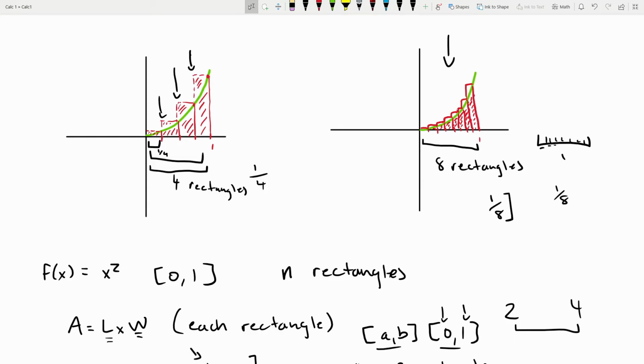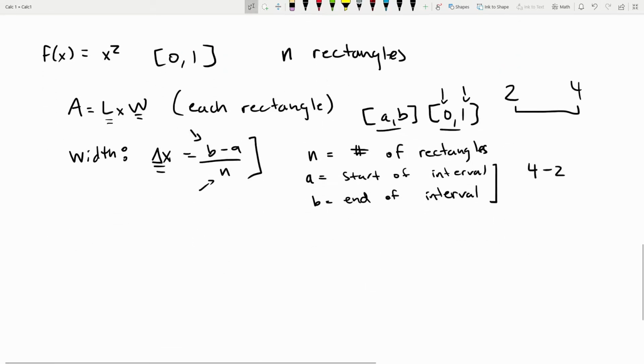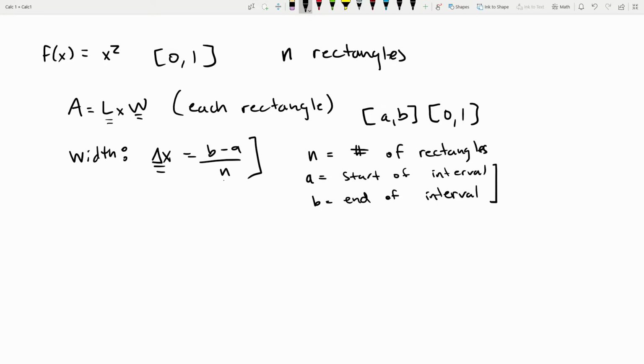Well, it is 1/8. Likewise in this example. So that's what we're doing here. We're taking the number of rectangles, and finding the total length of the interval, which is this b minus a, and then we're simply dividing the total length of the interval by the number of rectangles that we would have on that interval. So that is how we can compute the width of a single rectangle.